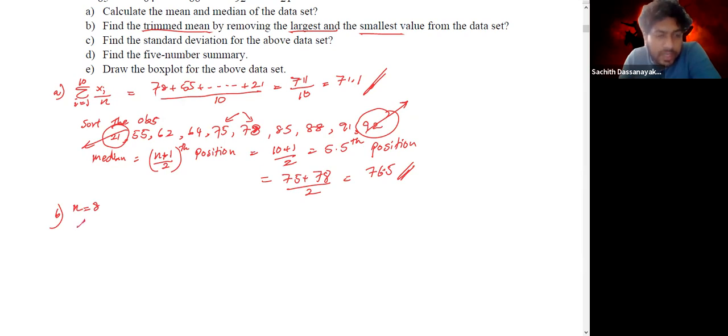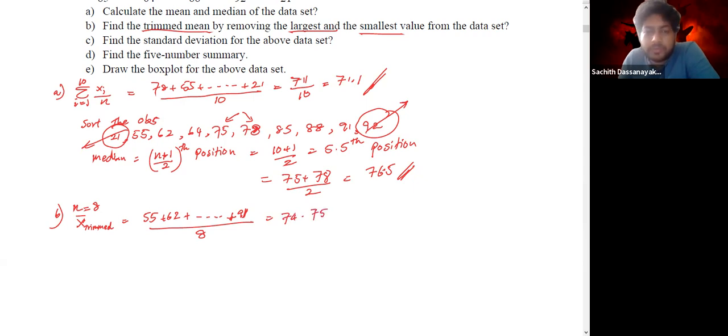So x bar trimmed equals 55 plus 62 up to 91, divided by 8, now that you have 8 observations. So this value is 74.75. This is your trim mean.